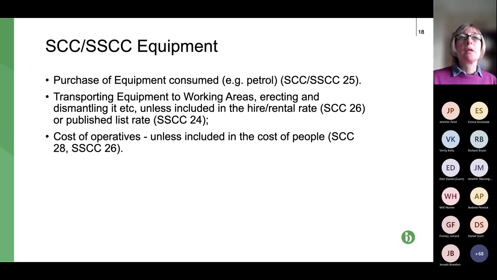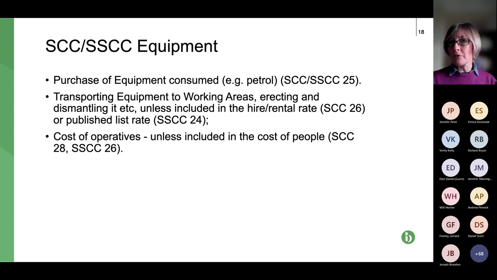And also the cost of operatives. So I think we've got the crane scenario covered somewhere. So we know that the crane is equipment. You might have a crane driver who technically would be under the people section, unless the crane driver and the crane come as a package. So it's all a hire for a fixed price. In that case, you can't claim the cost of the crane driver in the people section. Again, it's checks and balances, but you can't have double counting.